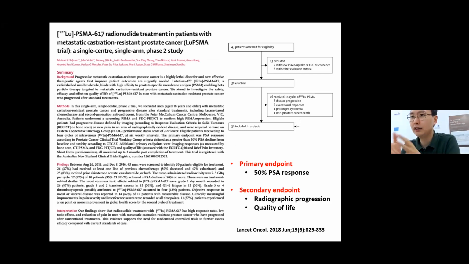There has been a phase 2 clinical trial using lutetium PSMA 617. It evaluated patients for the primary endpoint of a 50% decrease in PSA, and also evaluated radiographic progression and quality of life as secondary endpoints.